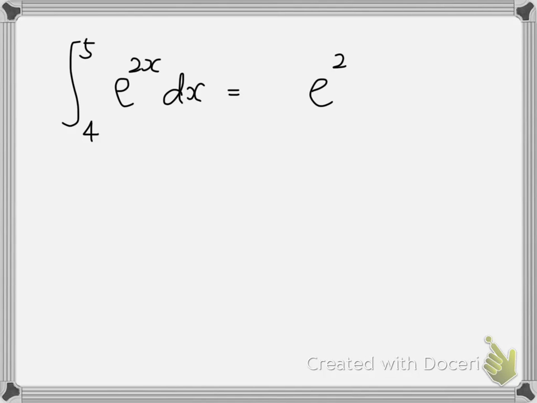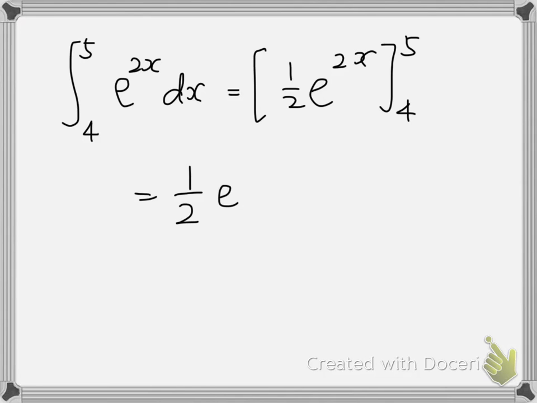Okay, let's try one more. Okay, so if you have something like, let's say, from 4 to 5, e to the 2x dx, so what would this be? So you integrate, it becomes e to the 2x, and then the 2 becomes a half, yeah? From 4 to 5. And then again, the half has nothing to do with the variable.